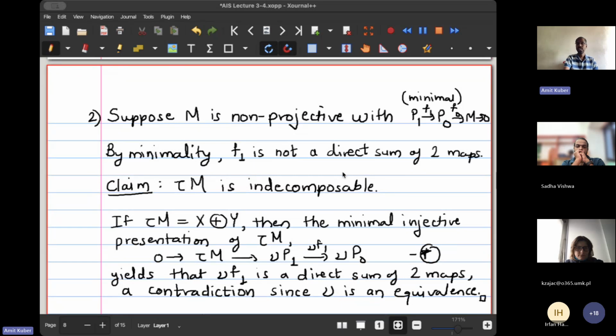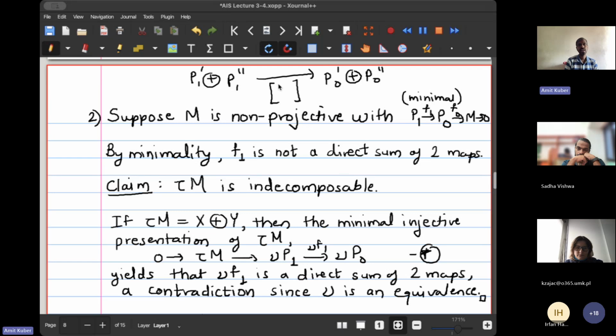By minimality, F1 is not a direct sum of two maps. What do I mean by that? Again, let me explain it over here: P1' direct sum P1'' and P0' direct sum P0''. We don't have a matrix where we have F1', F1'' and 0, 0.